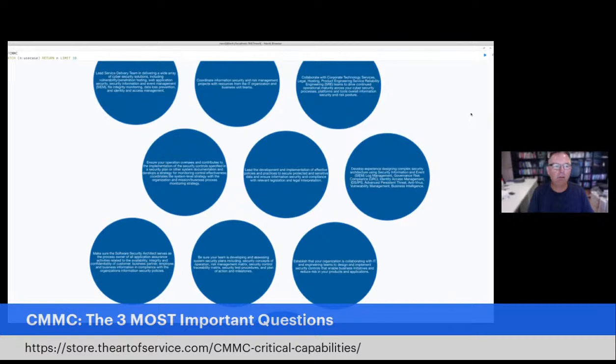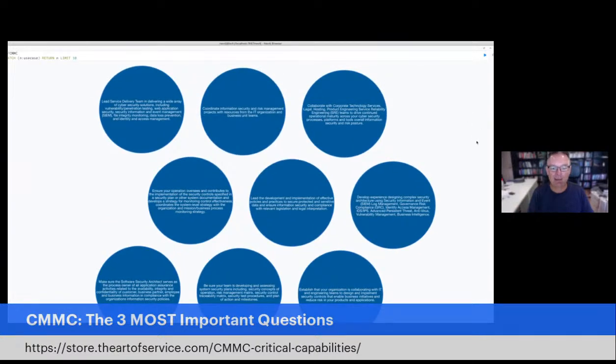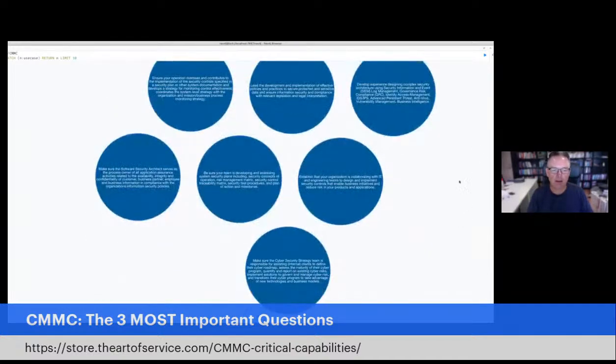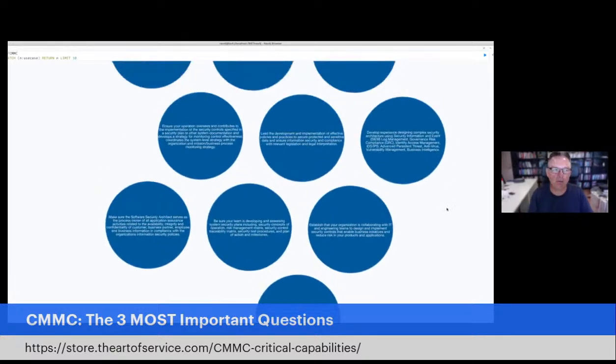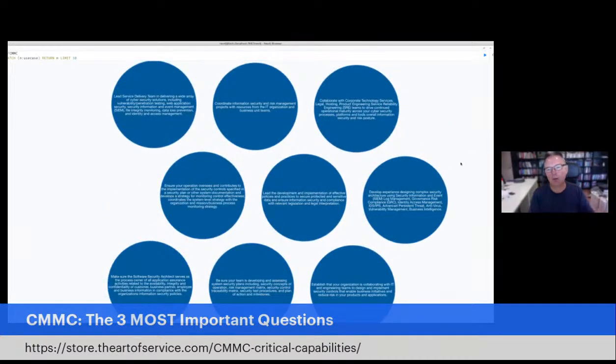But if I look at it from the angle of the 10 most important activities, the 10 most important critical capabilities that I need to have in place in my organization to be able to do great with CMMC and actually go way beyond CMMC maturity, these are the activities and processes I really need to have in place to make sure that our cybersecurity is mature, because that's what we're doing this for. And the end result is that because our cybersecurity is mature, we are able to deal with Department of Defense contracts, but that's not always the main incentive. The main incentive is we want to be cybersecurity mature ourselves.